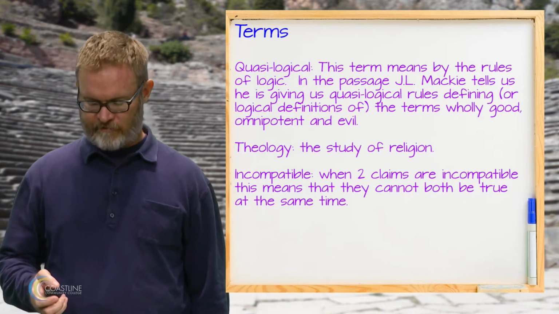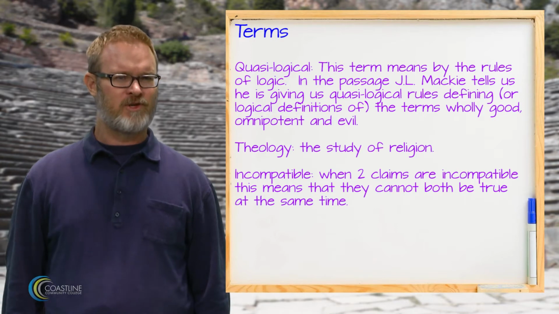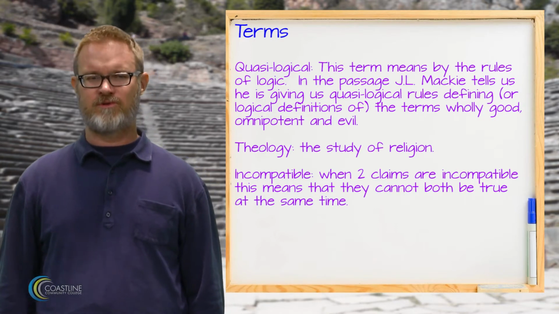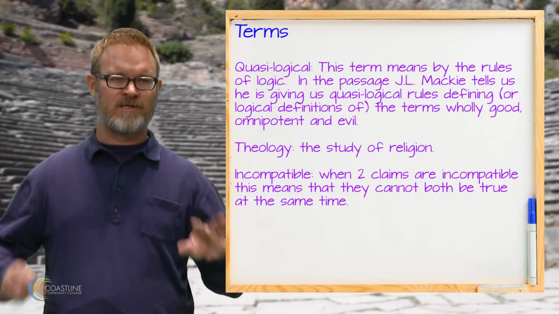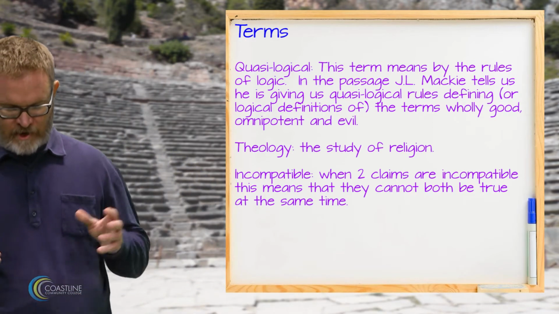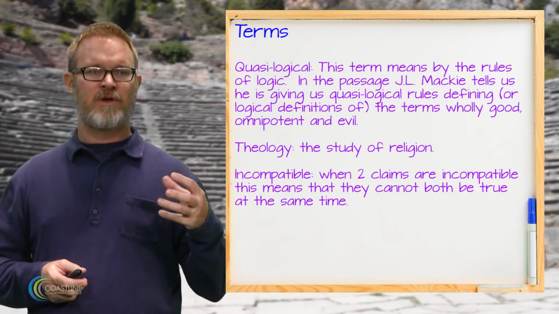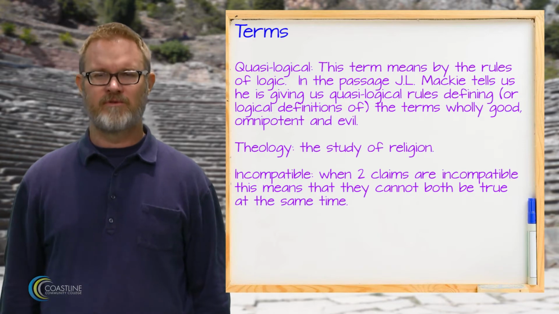Obviously there's this phrase that Mackey uses. He says, to show it, we need some additional premises or perhaps some quasi-logical rules connecting the terms good, evil, and omnipotent. So obviously quasi-logical is a bit of a strange one, right? For that, what Mackey is really saying is that he wants to think about these terms good, evil, and omnipotent by the rules of logic.